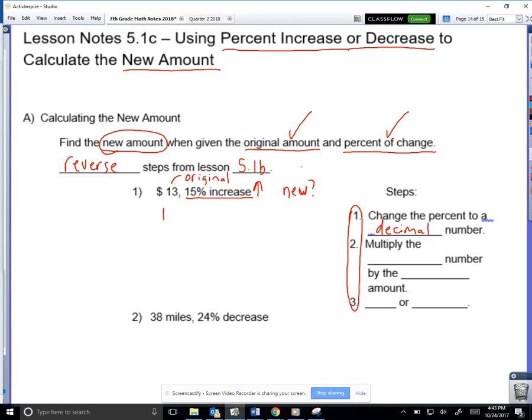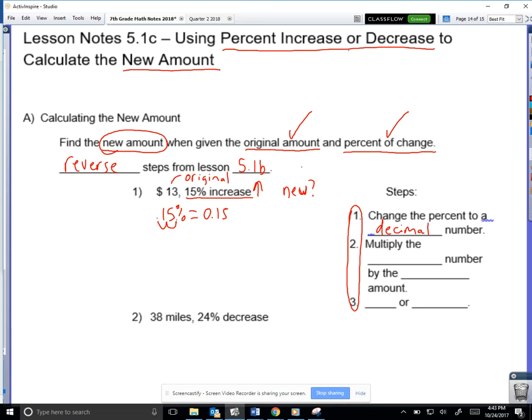We're going to take 15% and change that to a decimal. Remember, if a percent doesn't have a decimal with it, we just put one right there at the end, and then we move it 2 places to the left. 15% as a decimal becomes 0.15. There's step number 1. We change that percent to a decimal number.